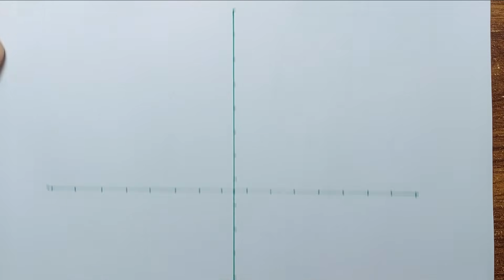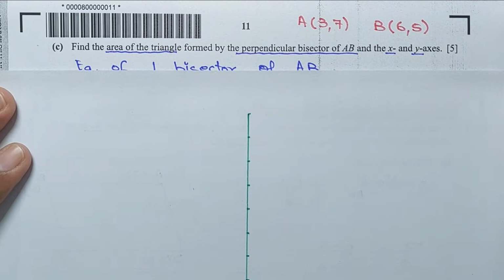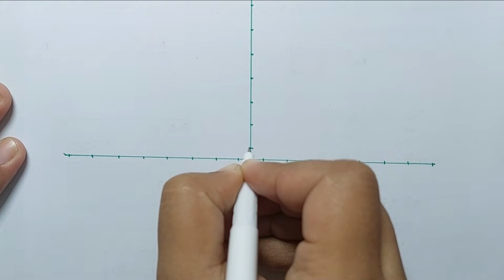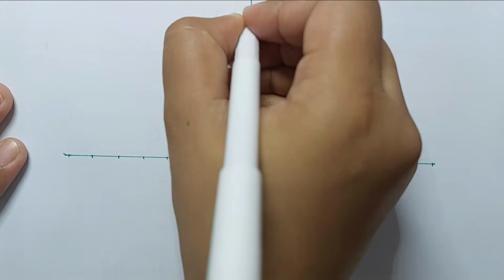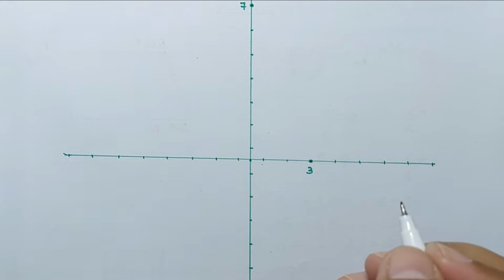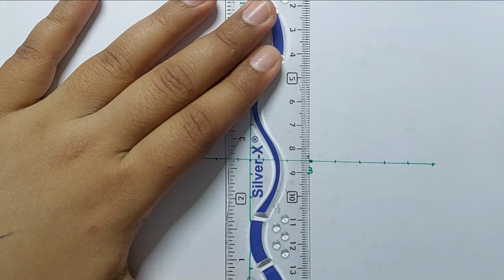Okay, so first label the point 3 and 7. Point A, 3 and 7. 1 2 3, 1 2 3 4 5 6 7. X is 3 and the y is 7.